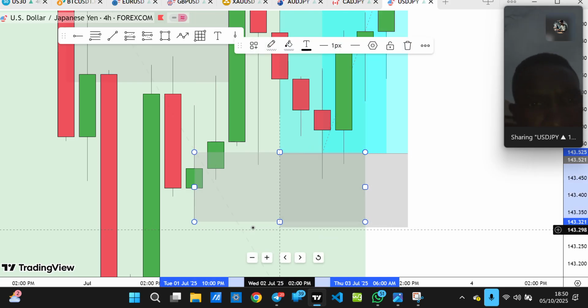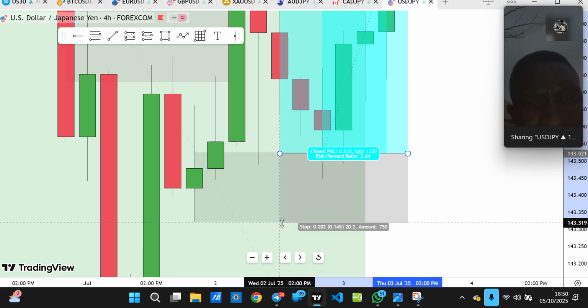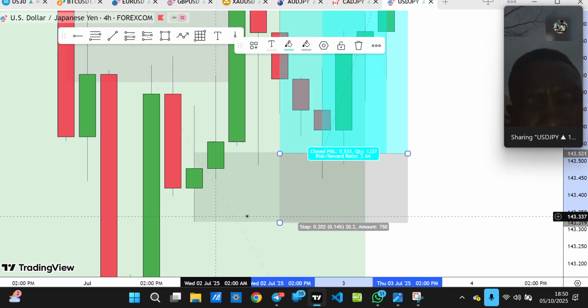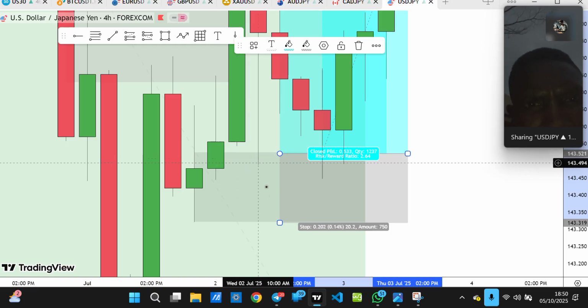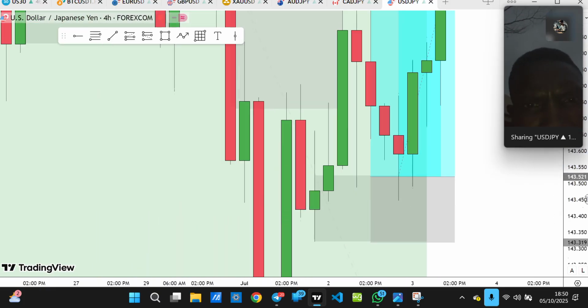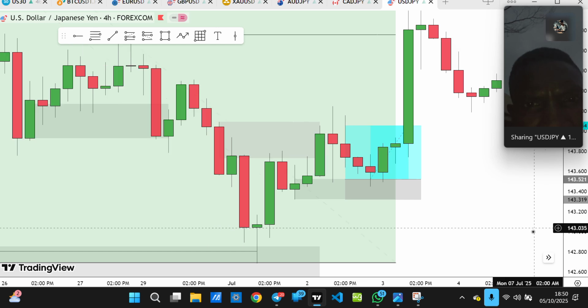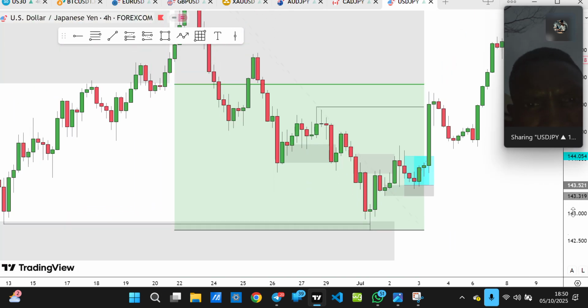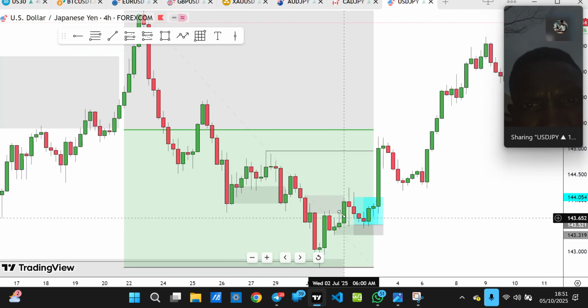Are you with me? You should expect that this low should not be taken. And so we can put our zone around here and then put our entry there. And then the objective now will be this high that failed to break structure to the downside.